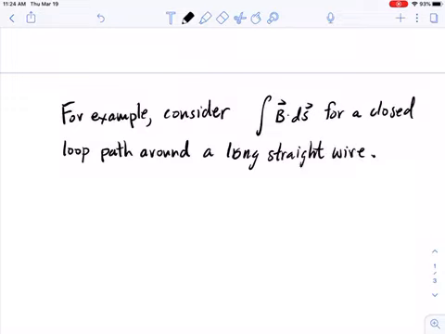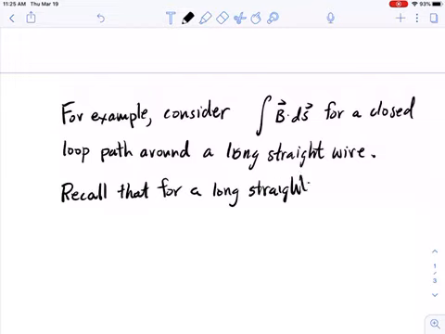The reason we're choosing a long straight wire is because we know the magnetic field around a long straight wire from our Biot-Savart law calculation. Let's recall, we're going to use it later, that for a long straight wire we had found that B is equal to mu naught I over 2 pi d.